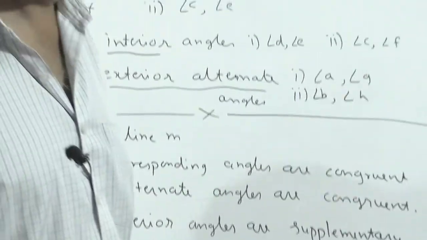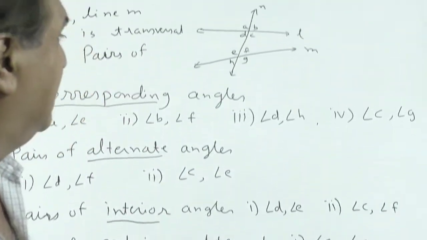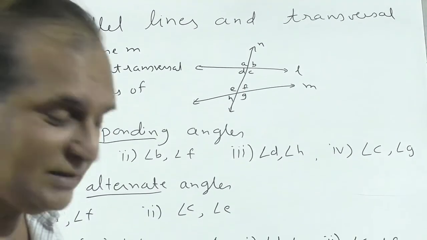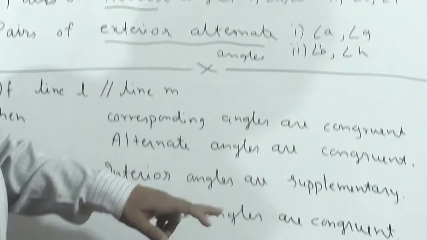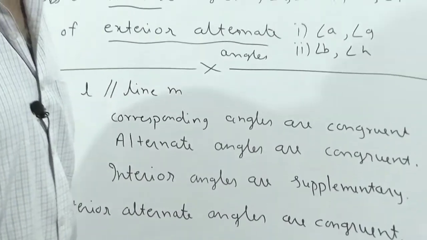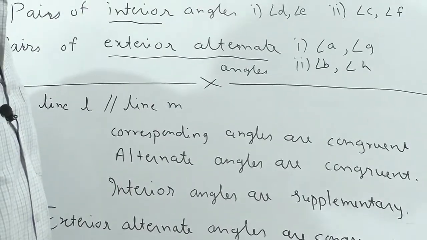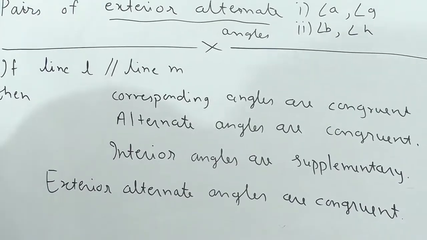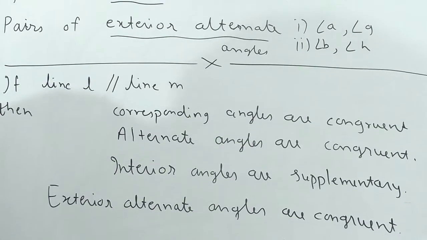What do we mean by supplementary? Their addition is 180. Exterior alternate angles are also congruent. This is the basis for this chapter. Once you understand the basics, we can easily finish the exercises.